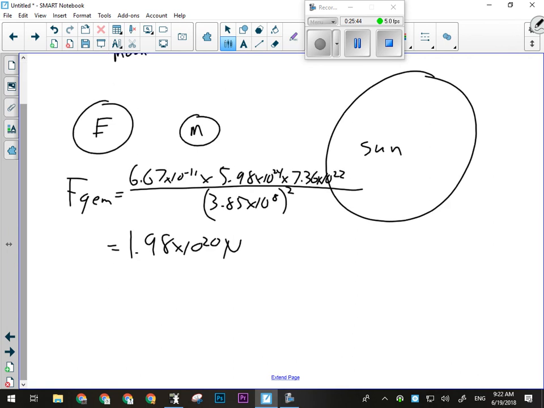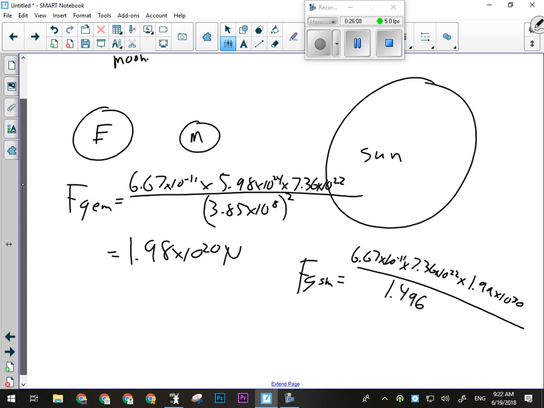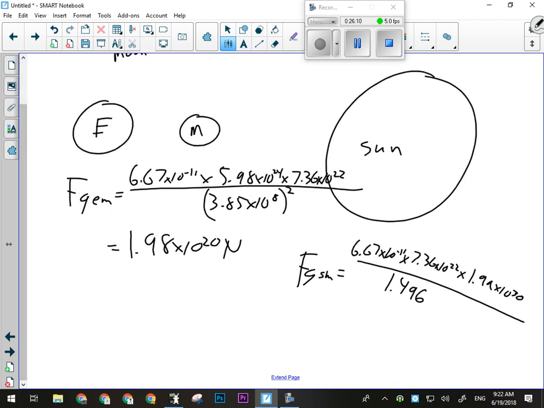Now we got to do the same thing for the Moon and the Sun. So we will have 6.67 times 10 to the minus 11 times 7.36 times 10 to the 22 times 1.99 times 10 to the 30 divided by 1.496 times 10 to the 11 squared.